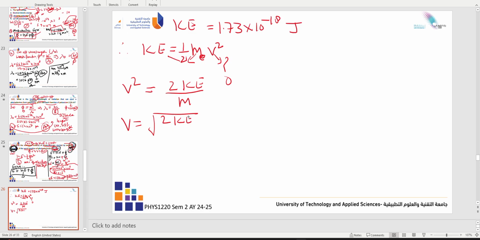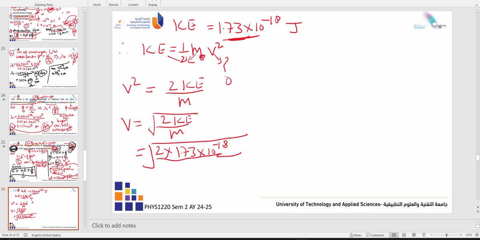Now I will put all the values in this square root: 2 multiplied by the value of the kinetic energy, 1.73 multiplied by 10 to the power minus 18, and divided by the mass of the electron.